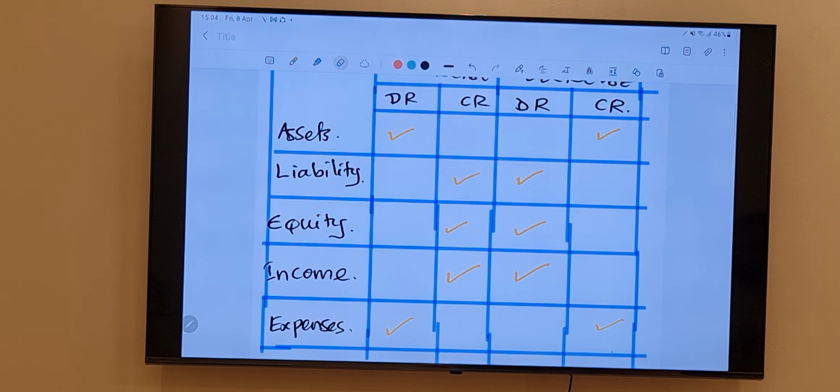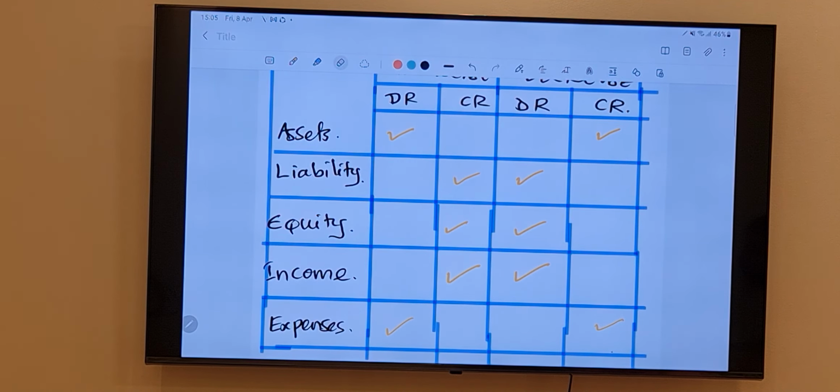Also please remember, after completing the double entry, the debit side total and the credit side total should always be the same. You can't have it unequal. Always it should be the same. Remember that.